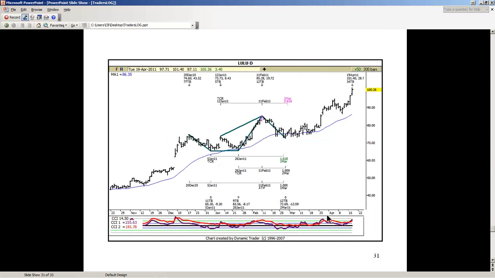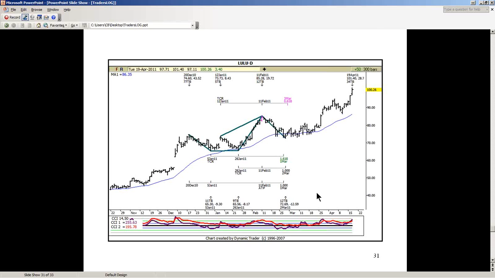This is an example of timing cycles again. This is in Lulu. This is where we had a prior high-to-high swing, 618 in time, low-to-low swing, 1618 in time, another low-to-high swing, 100% in time, and then I also measured a high to a low projected from the Feb 11th high, and that also came in on March 1st.